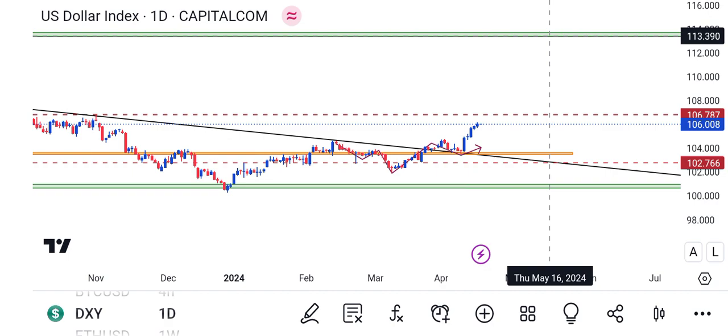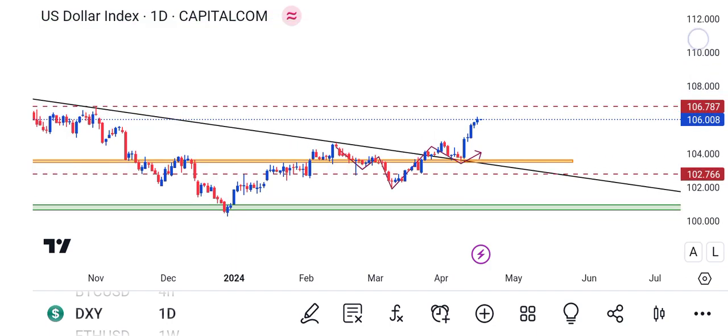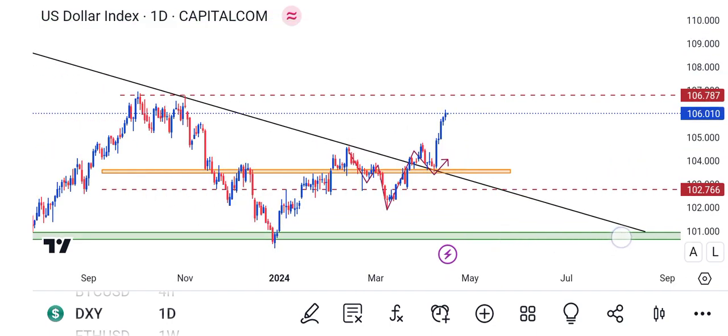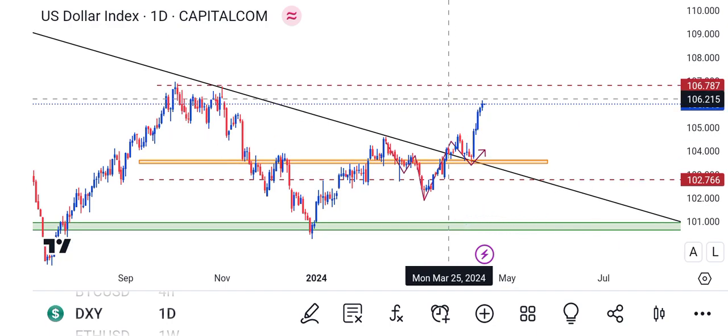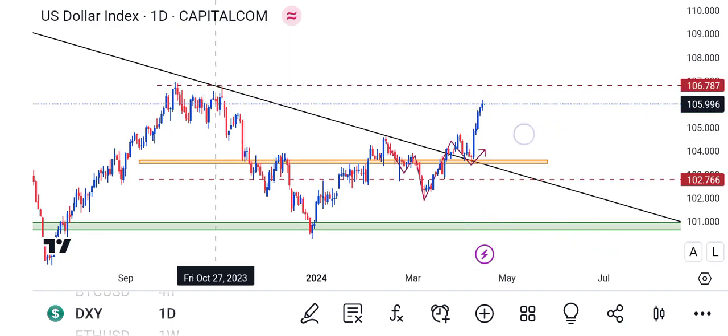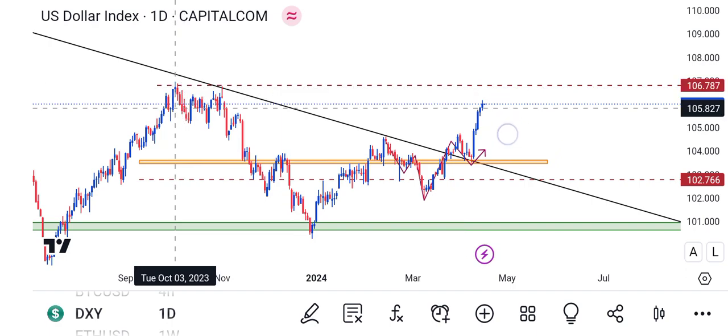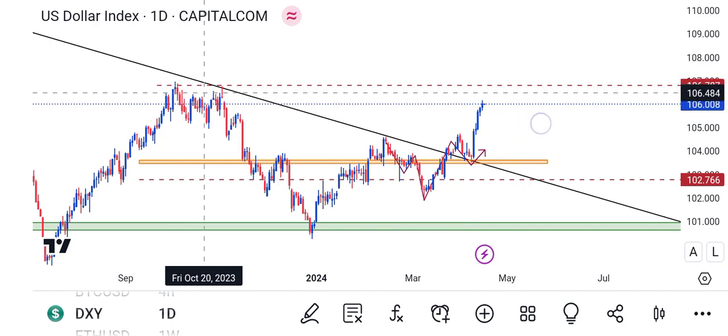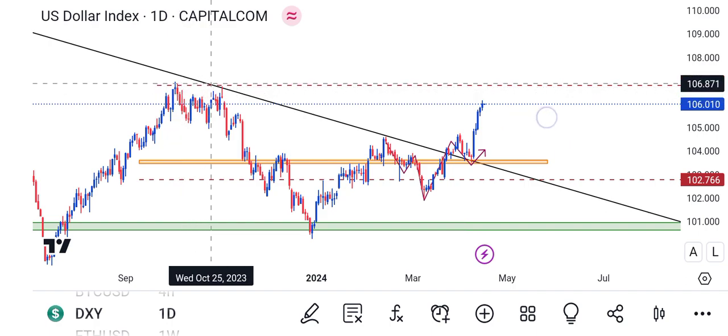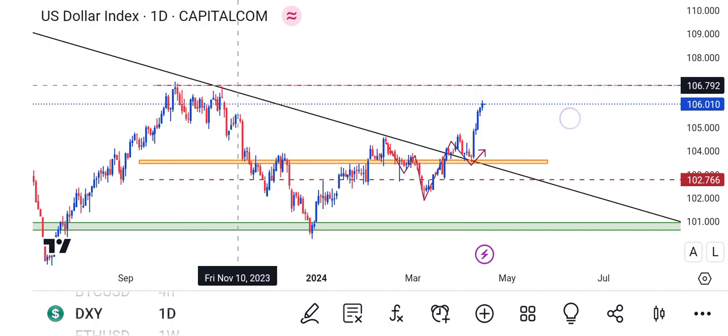But we have to be careful around 106.787, because if you check this place, there was a range, price around this zone. It can cause future issues when price gets there, so we have to be careful. But we are bullish, we are very bullish.